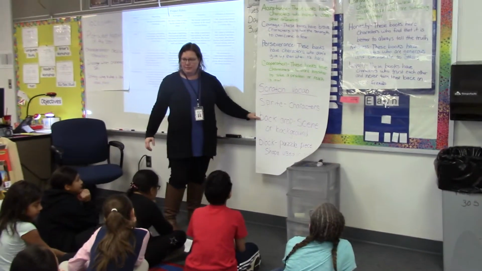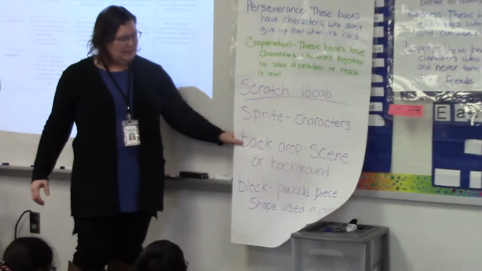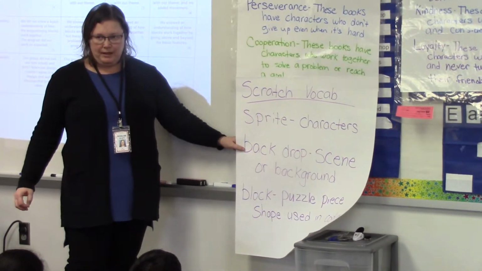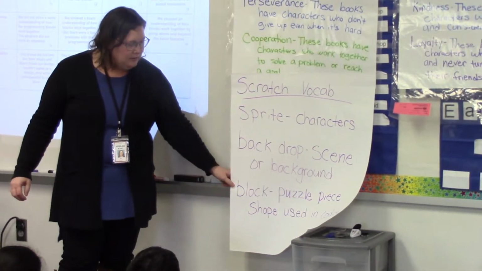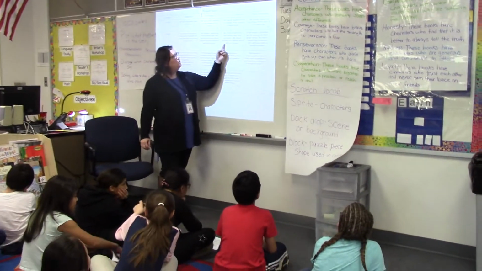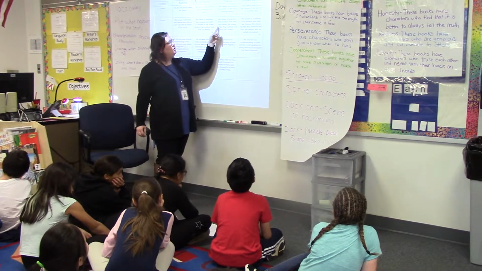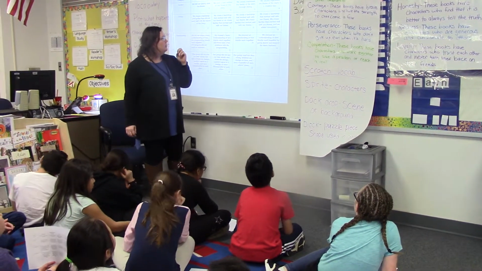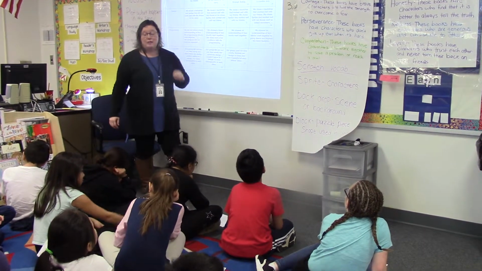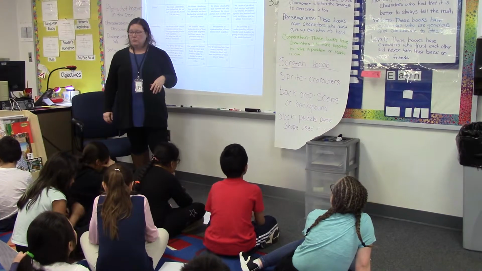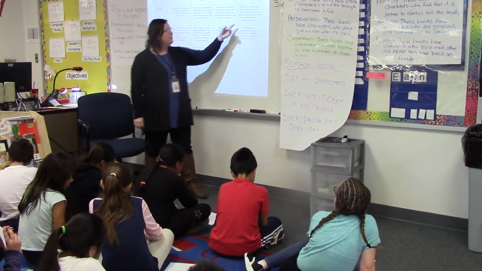And backdrop is the scene or the background. We'll talk about that in a little bit, and we'll talk about blocks as well. So to be proficient, you chose sprites that worked well with your theme, and you chose a backdrop that works well with your theme. You get to choose those different things, and we'll talk about that in a little bit.